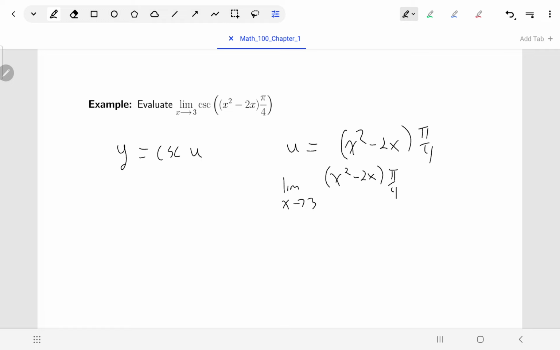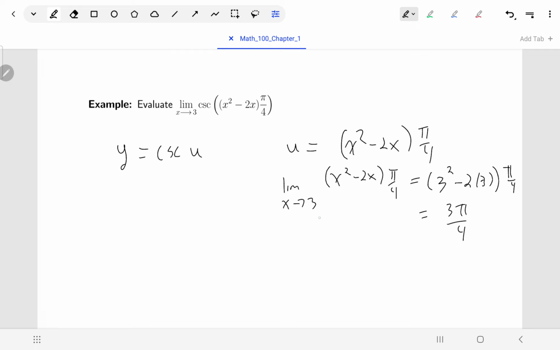And I would say, well, for sure it does, because this is a polynomial times a constant, so I can definitely find that limit, and I can find it just by direct substitution. I can put in 3 for x, and I can say, great, so we'd get 3 squared minus 2 times 3 times pi over 4, or in other words, we would get 9 minus 6, we'd have 3 pi over 4.